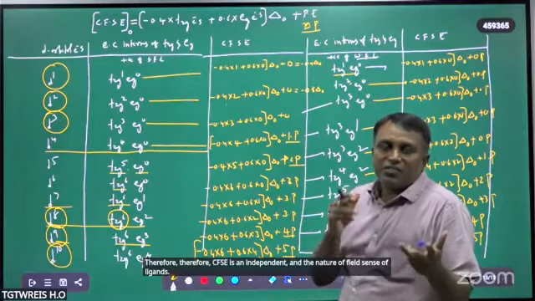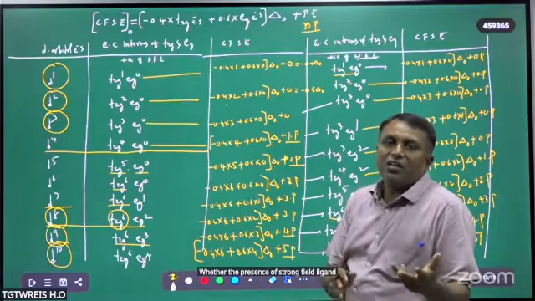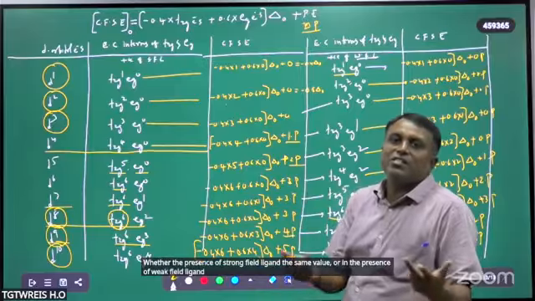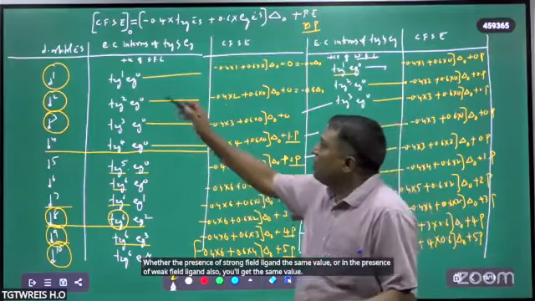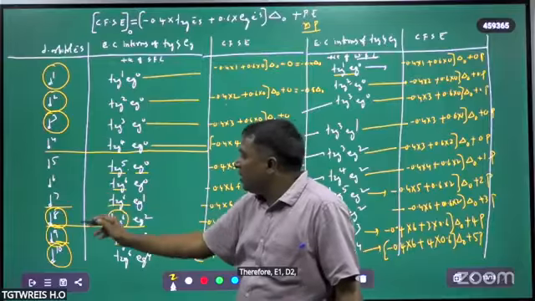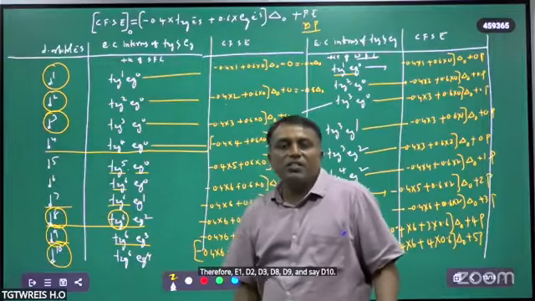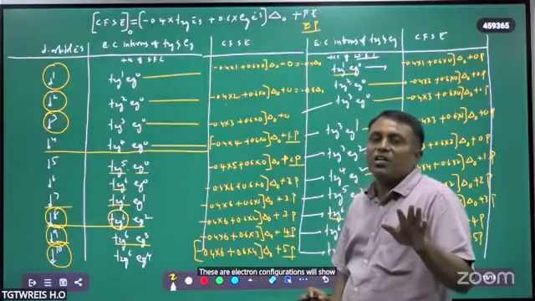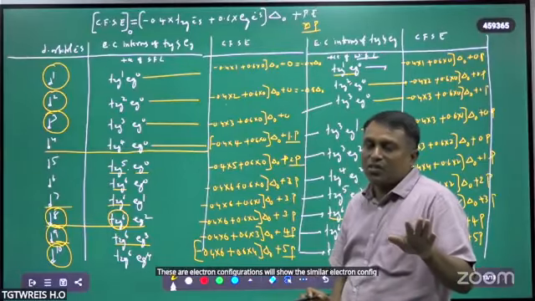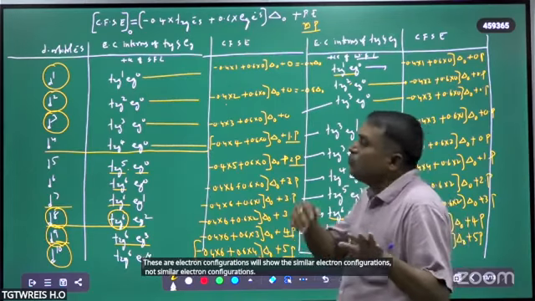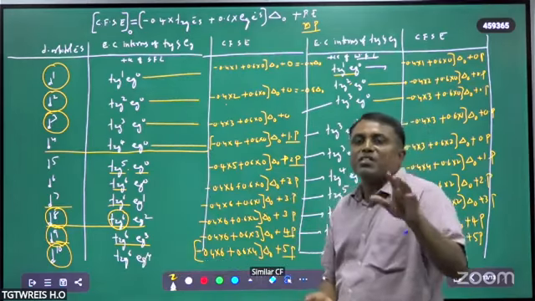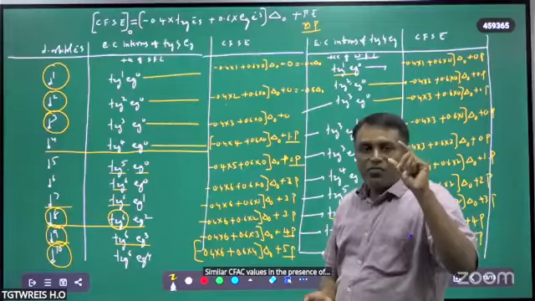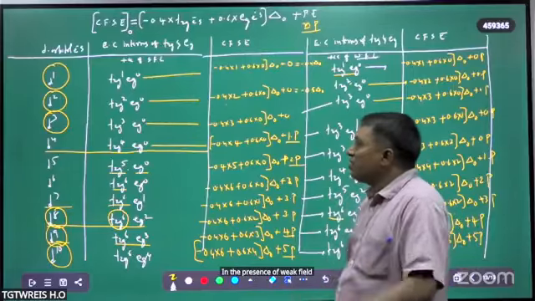Whether in the presence of strong field ligand or weak field ligand, you will get the same value. These configurations show similar CFSE values in the presence of weak field as well as strong field ligands.